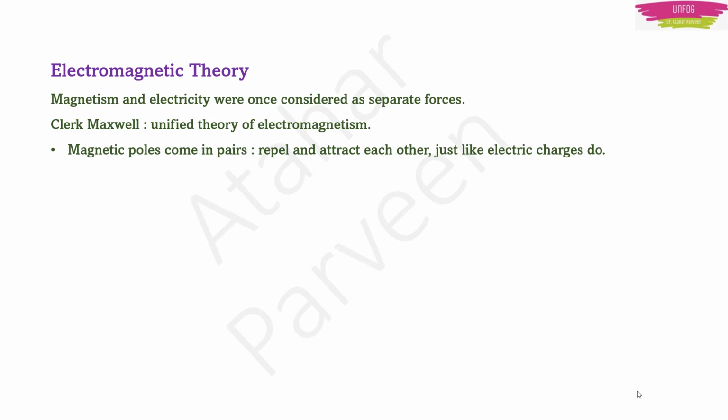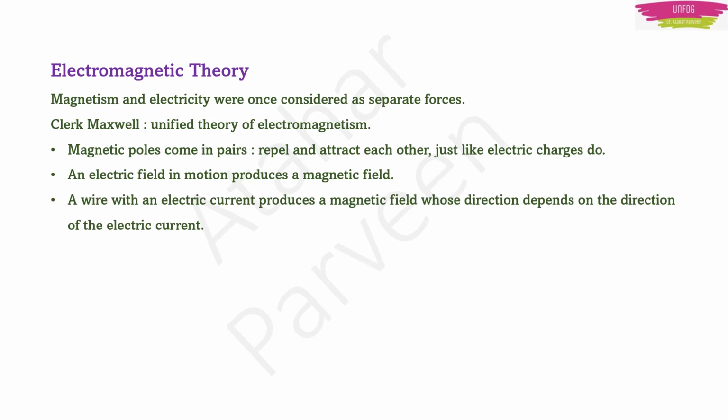They repel and attract each other, just like electric charges also attract and repel. In the same way, magnetic poles also attract and repel, he told. Then electric field, when it is in motion, will produce magnetic field. Then a wire with an electric current will produce a magnetic field whose direction depends on the direction of the electric current. That is what we are talking, right? So all this was told by electromagnetic theory.